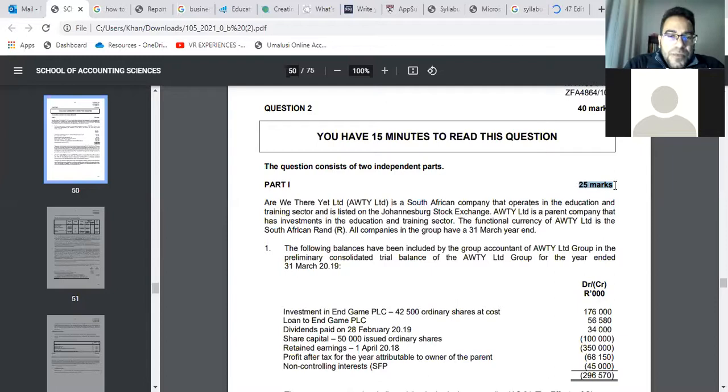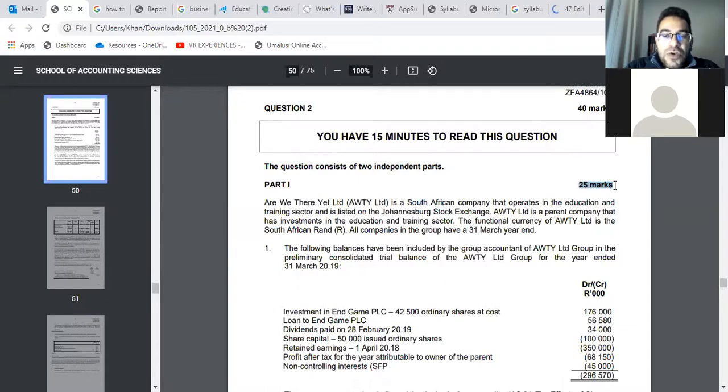So we say, "Are we there yet?" is a South African company that operates in the education and training sector and is listed on the Johannesburg Stock Exchange. "Are you there yet?" is a parent company that has investments in the education and training sector. The functional currency is the South African rand.